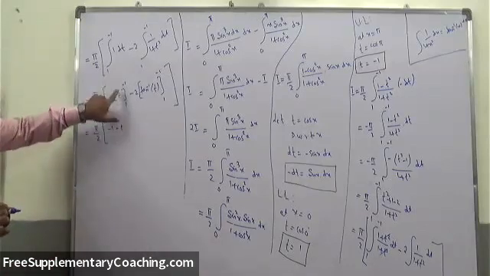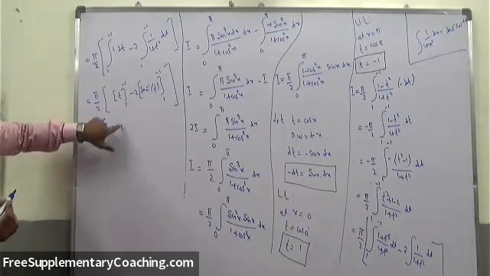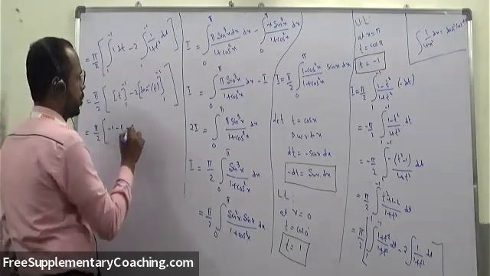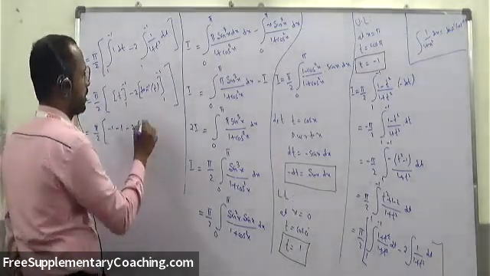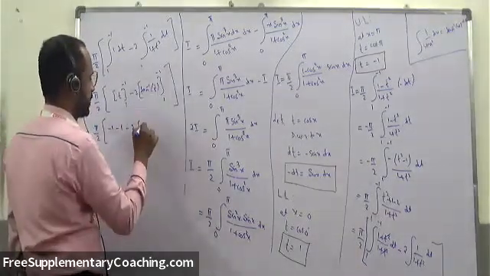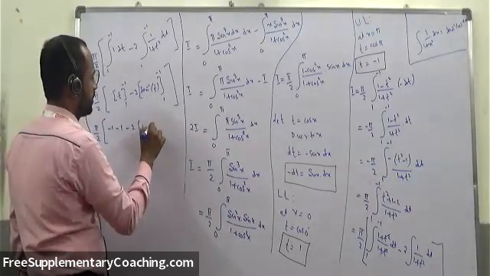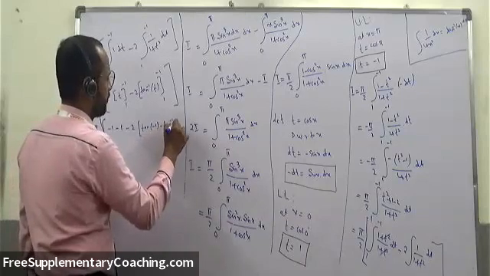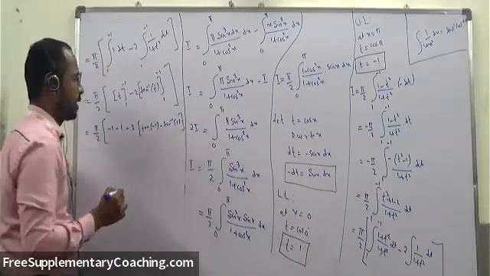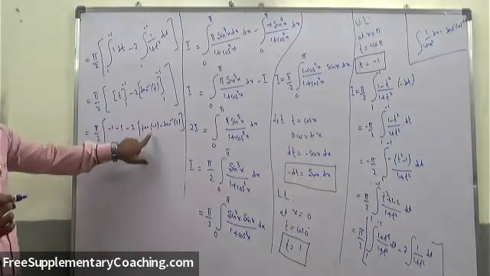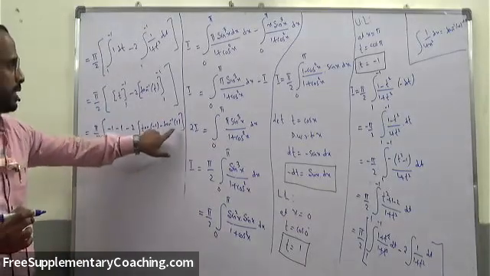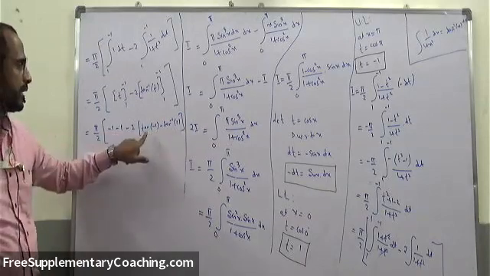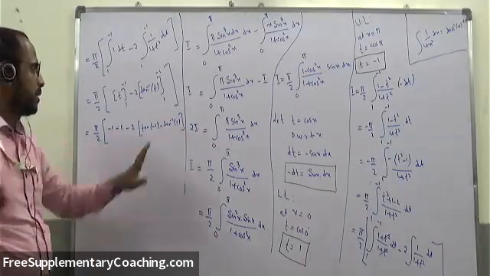Upper limit is minus 1 in the place of t, then minus lower limit, that is 1, minus 2 into tan inverse of minus 1, upper limit, minus tan inverse of 1. We know that this is minus pi by 4 and this is pi by 4. Tan 45 degree is 1, and the inverse is minus 1.